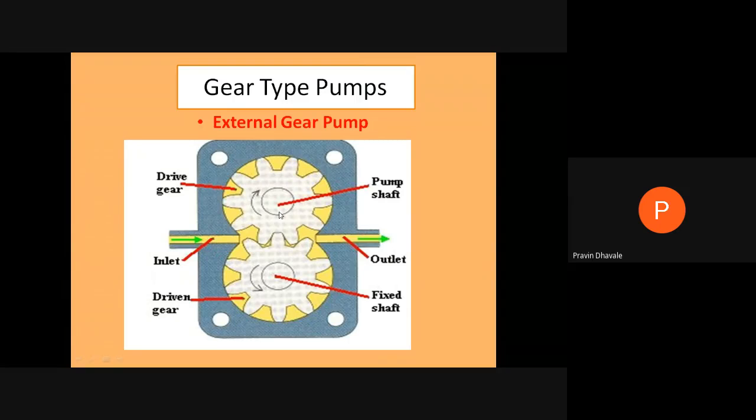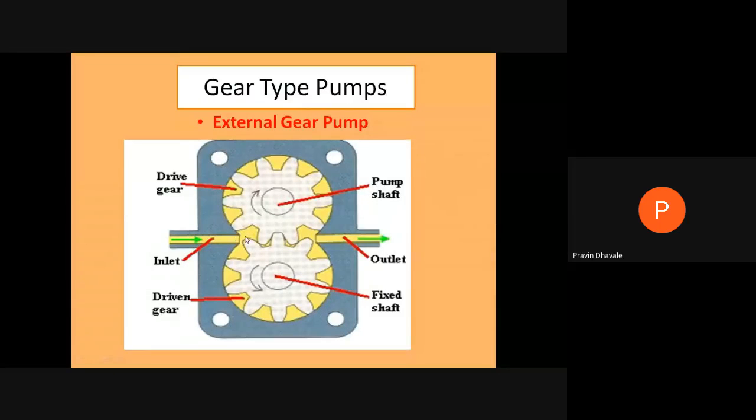When this gear starts rotating, at that time, at the suction side, a space will be generated where there will be a difference between the atmospheric pressure and the pressure at the space between the two teeth and the casing.